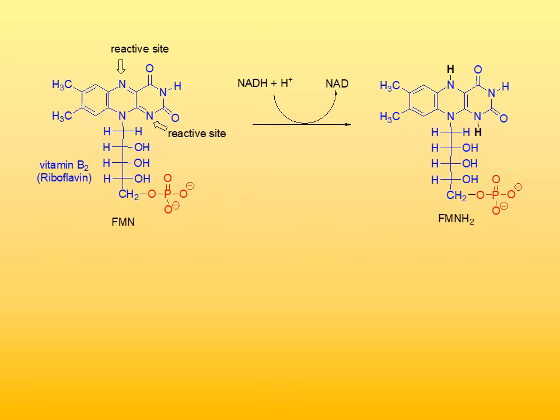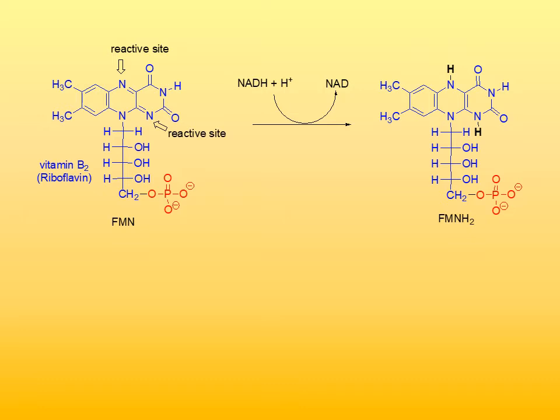They are two nitrogen atoms that are part of carbon-nitrogen double bonds. So they are basically part of a diene system. And the reaction amounts to 1,4 addition to that diene system. It's effectively addition of a hydride anion, H-, from NADH and a proton, H+.